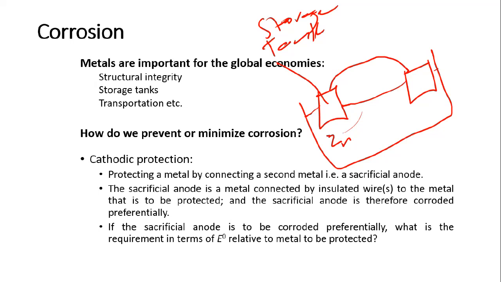In other words, the oxidation of aluminum is more spontaneous compared to that of zinc. So the aluminum metal will get oxidized away before the zinc metal, therefore reducing or slowing down or preventing for a long time the oxidation of your zinc tank. All right. So the aluminum was used as a sacrificial anode. This is what we call cathodic protection.